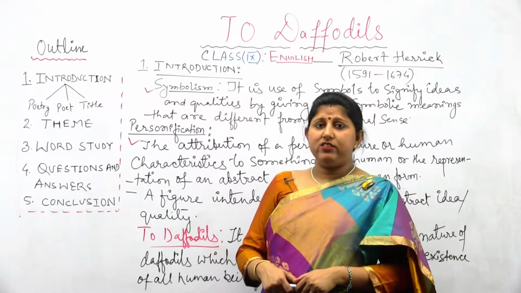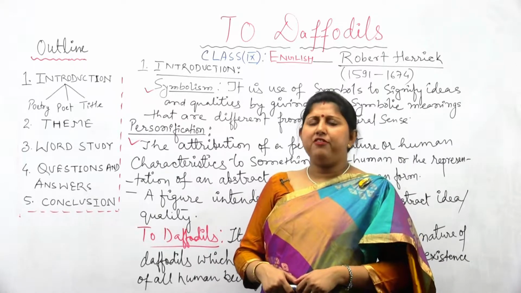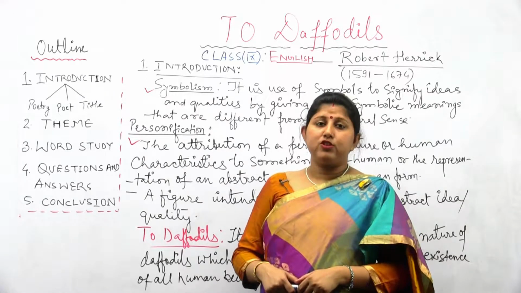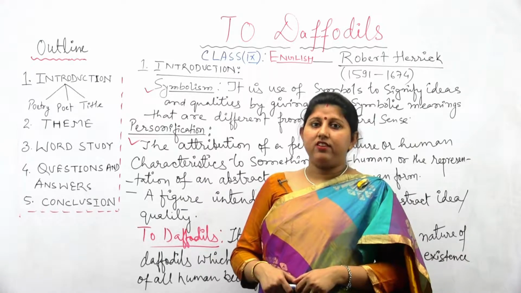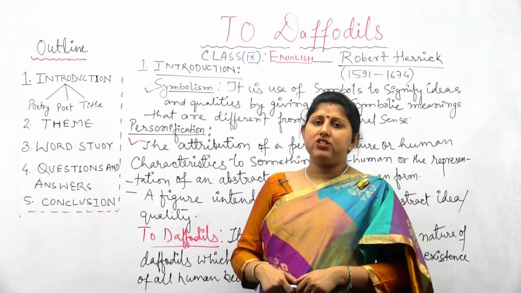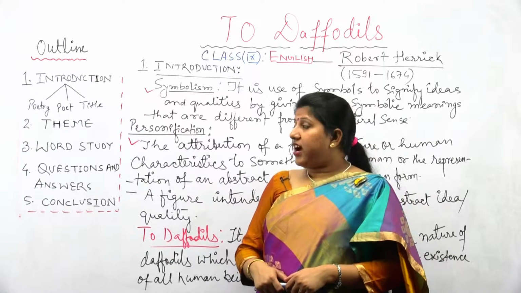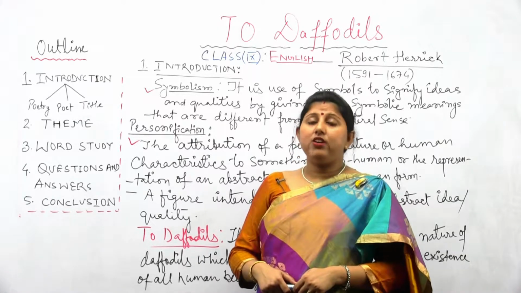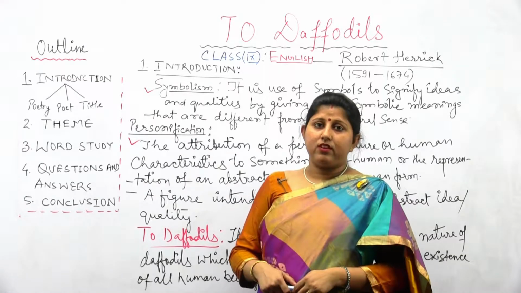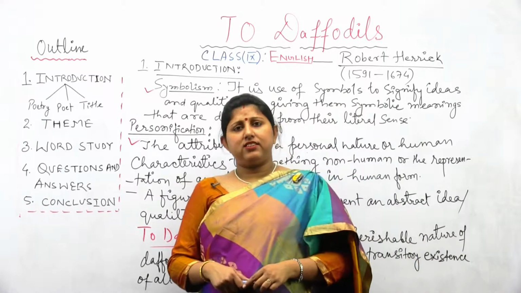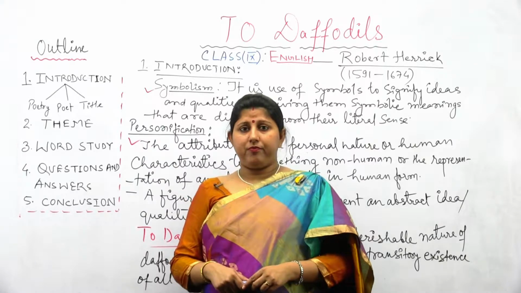In this session, we are going to study a very beautiful poem, Two Daffodils, written by Robert Herrick. Before I start discussing the outline of the poem, let's discuss the theme of the poem.